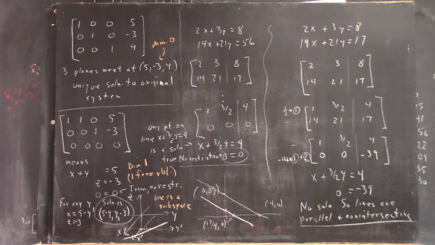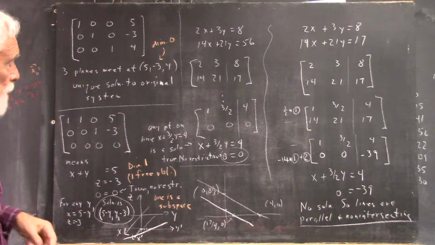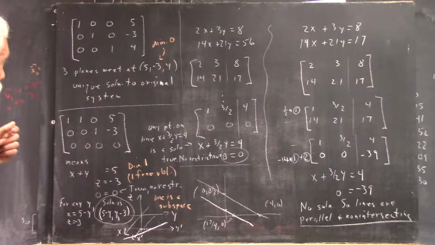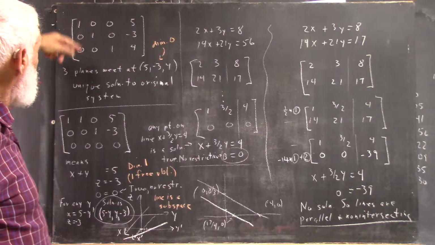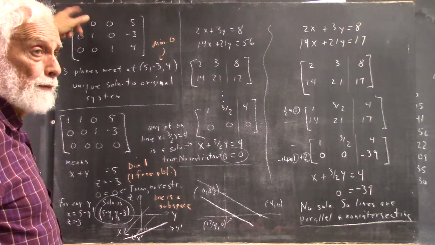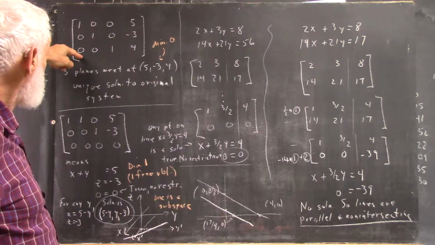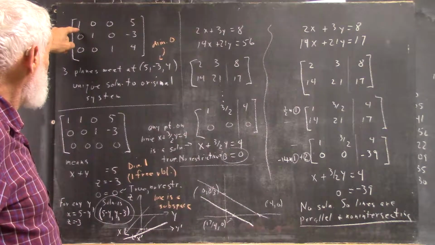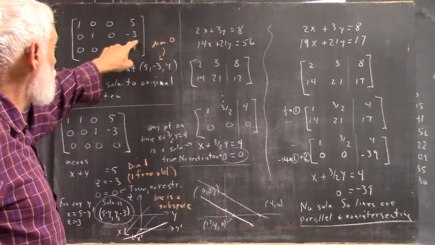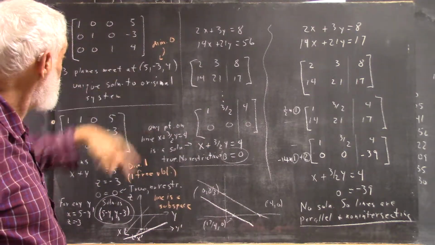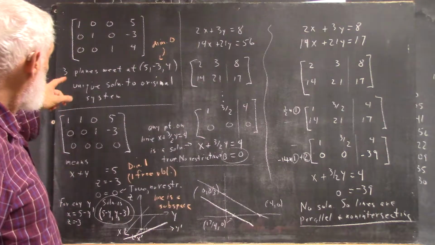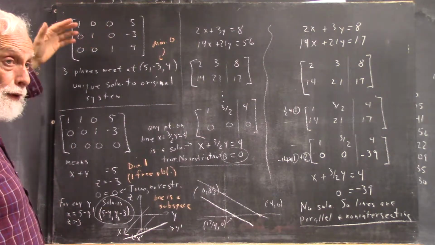Now if we go to 3 dimensions, where things get a little more complicated, one possibility is that whatever the 3 equations are, they reduce to this matrix. And this tells us then that x equals 5, y equals negative 3, z equals 4. Meaning that the 3 planes represented by the 3 equations intersect at some point.